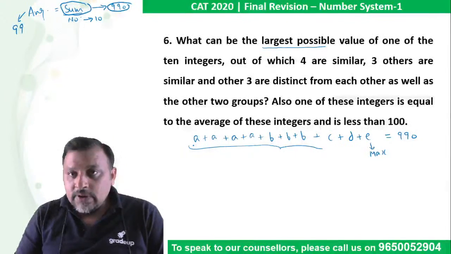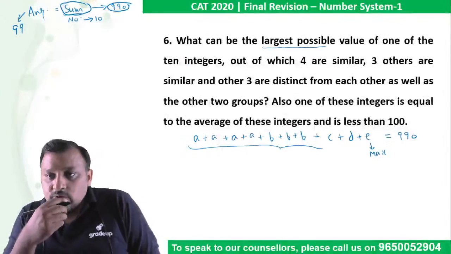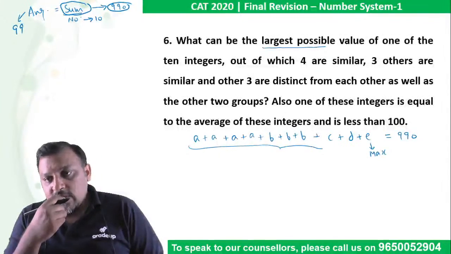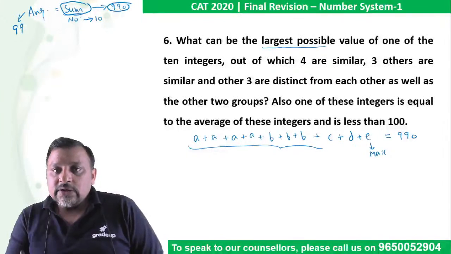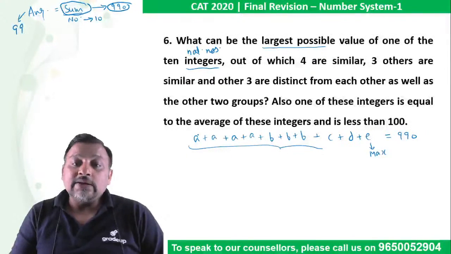It should not be integers, it should be natural numbers. Otherwise, the answer would be infinite. Otherwise, it won't make sense. So it is natural numbers instead of integers. We have 10 natural numbers.